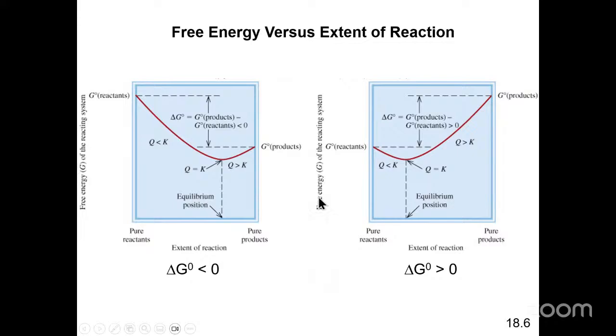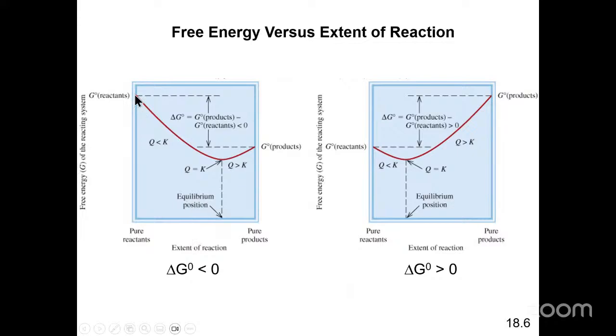The difference is that in this particular case, the standard free energy would be negative, whereas in this case, the standard free energy would be positive. So what that means in terms of the appearance of the graph is that for the graph on the left, the free energy of the products would be less than the free energy of the reactants. And the opposite would be true in the case of the other graph, all right?